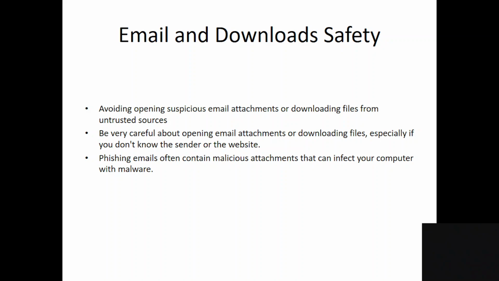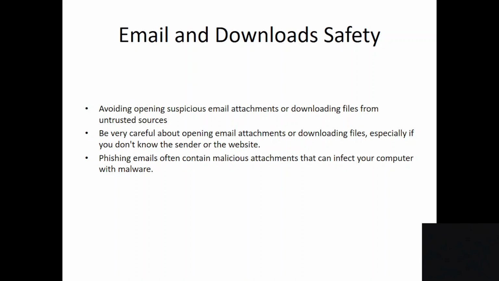You should do it if you want to secure your machine. Email and download safety: avoid opening suspicious email attachments. If you get a mail with a message like you won this lottery, just click on this and you will get 1 lakh, 20 lakh, 40 lakh rupees, never touch these types of links or attachments, or download files from untrusted sources.